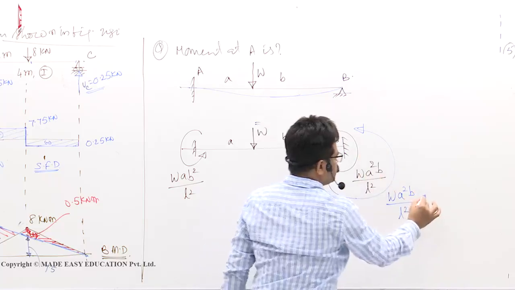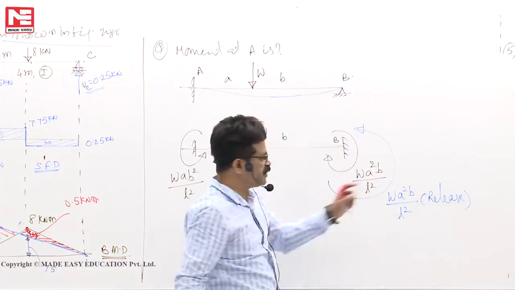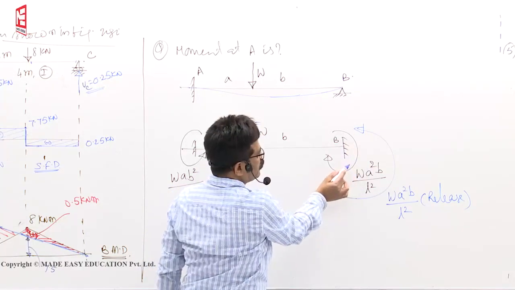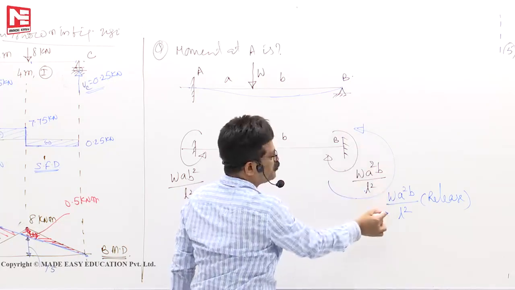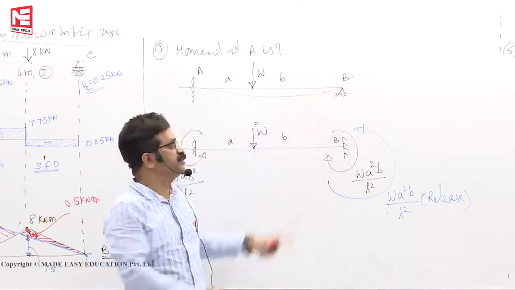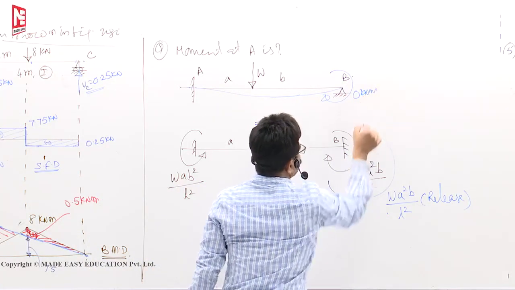This opposite direction moment we call it as release. You release it. We only went and applied this much moment. You unnecessarily applied W A square B by L square. You have again applied another moment. So, that net moment you applied how much? 0. So, moment here is also 0. Moment here is 0.